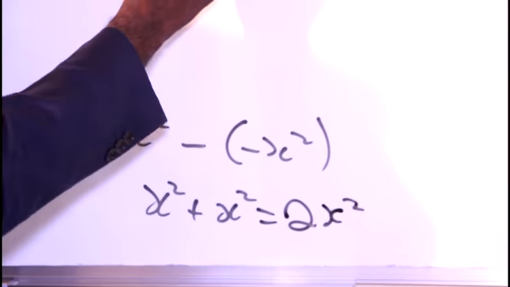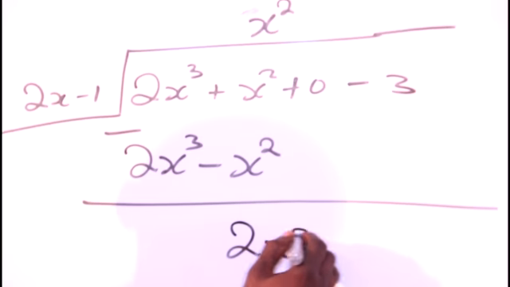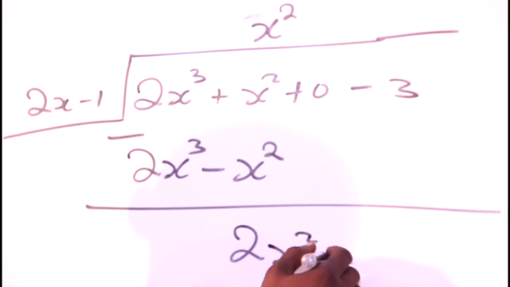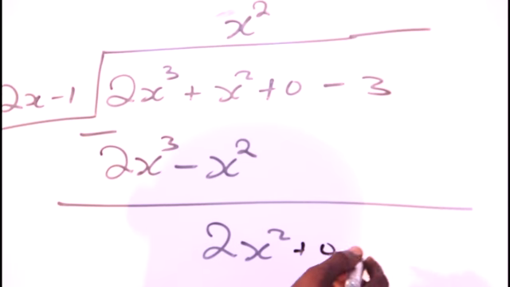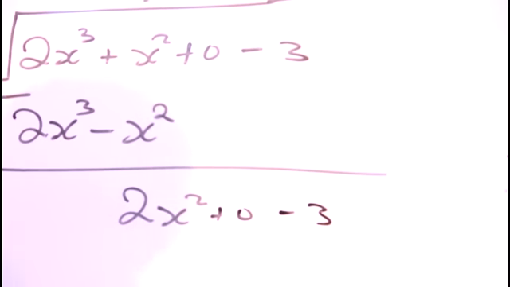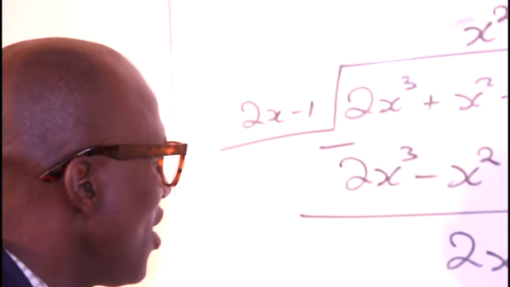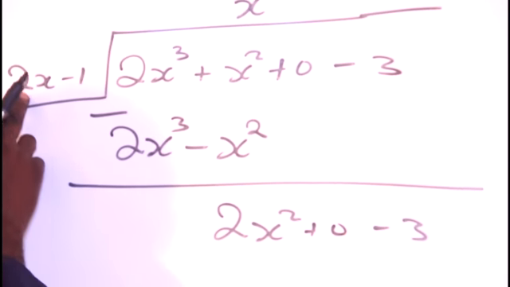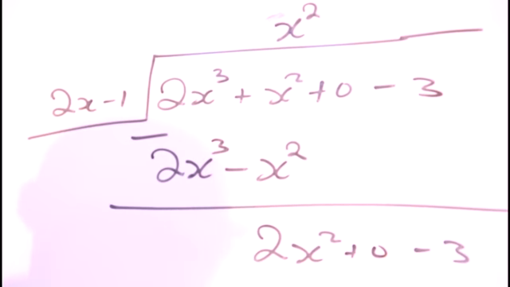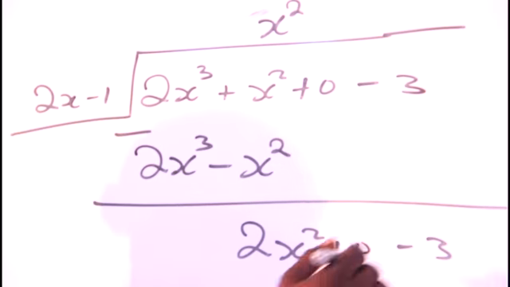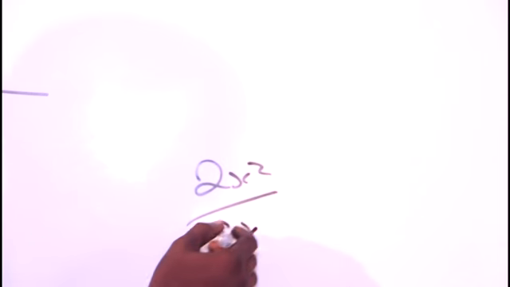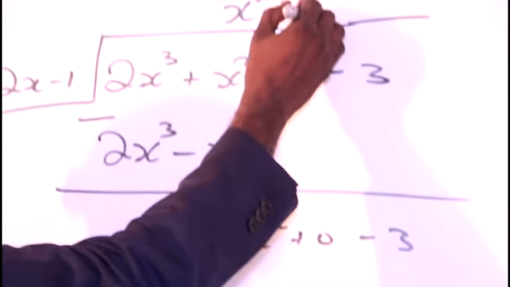Then you bring down your plus 0, maybe your minus 3, if you so wish. So 2x squared divided by 2x will be x. So we come up here and write plus x.